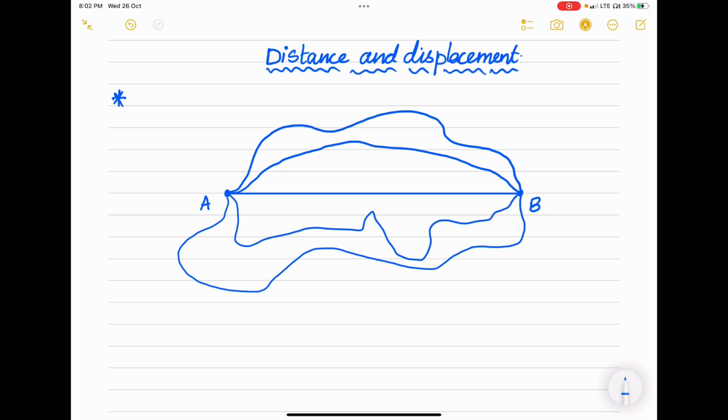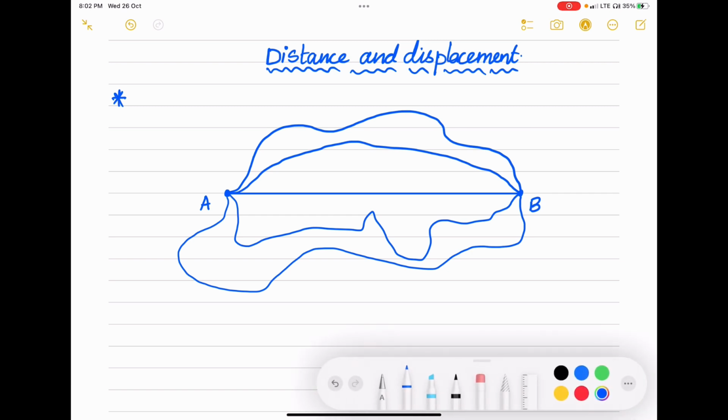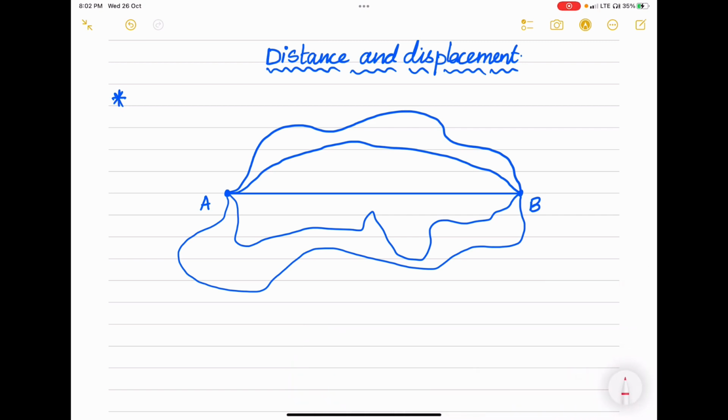So finally he reached B passing through different paths, and let us label those paths with numbers. Let us say this is path 1, this is path 2, this is path 3 and 4, and similarly the final one, path 5.